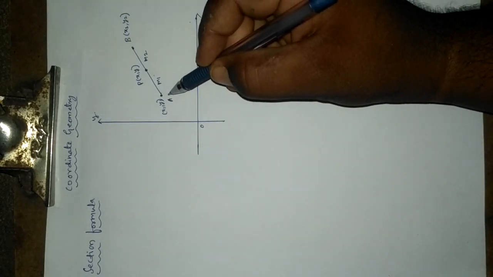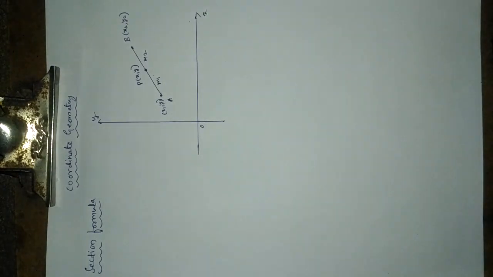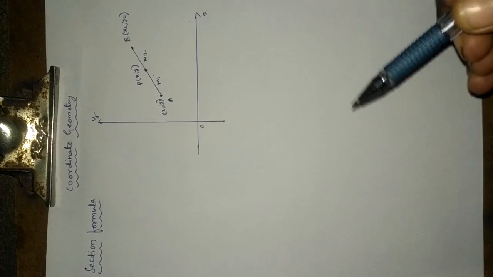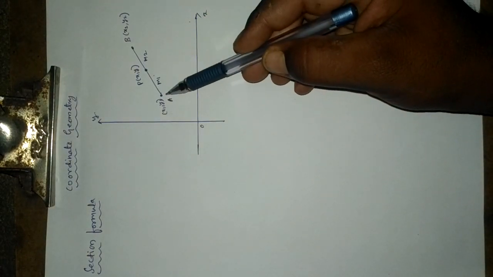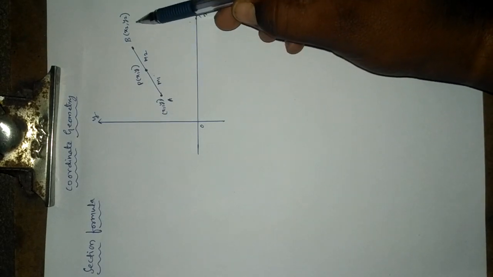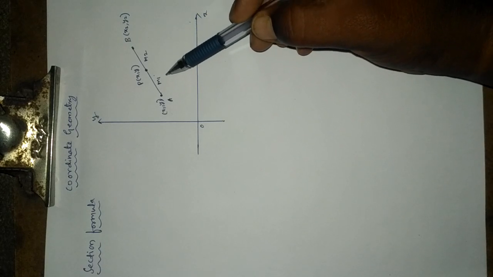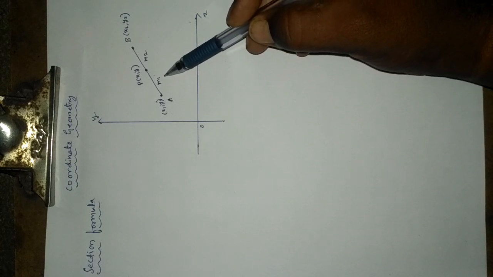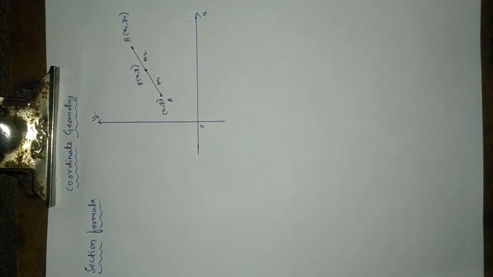So here AP is M1 and PB is M2. To find the coordinate of P with the help of point A (x1, y1) and point B (x2, y2), also with the help of the ratio of M1 and M2, here we have to derive the section formula for this data.